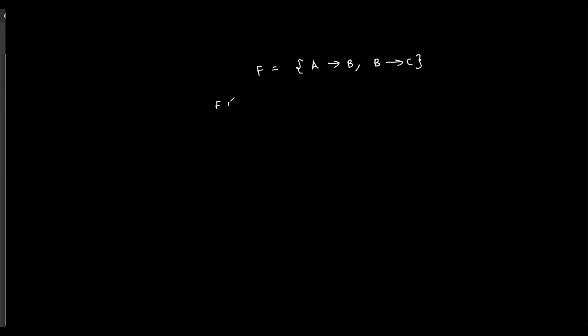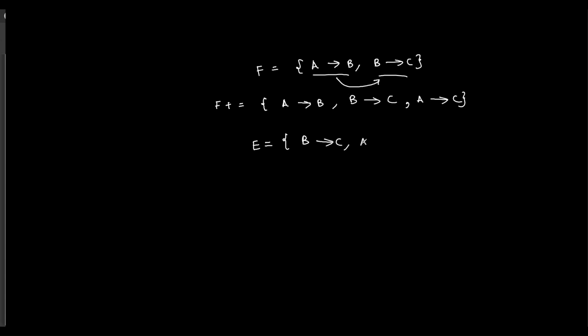So you know F plus will be equal to A functionally determines B, B functionally determines C, and you can also put A functionally determines C, the transitivity rule. Let's say E is equal to some of these two, B functionally determines C, comma A functionally determines C. We have these two.